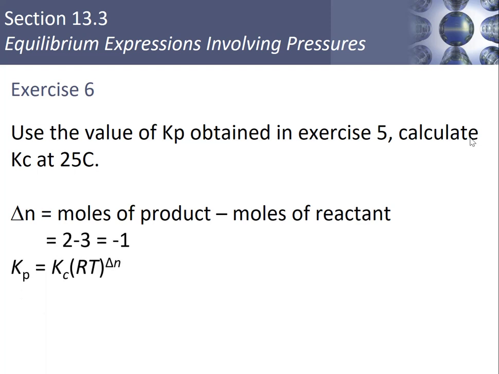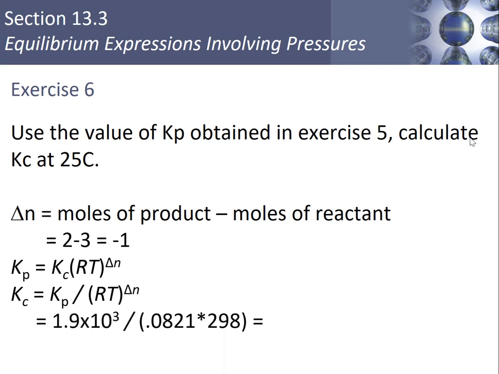Then we can rearrange our expression, our politically correct expression, to solve for Kc. We know the universal gas constant. We need to convert 25 degrees Celsius to Kelvin. We can plug it in and solve. And it's nice, there's no units. 4.6 times 10 to the fourth.